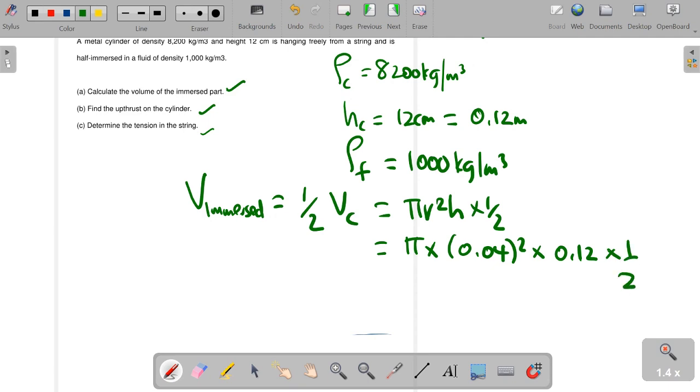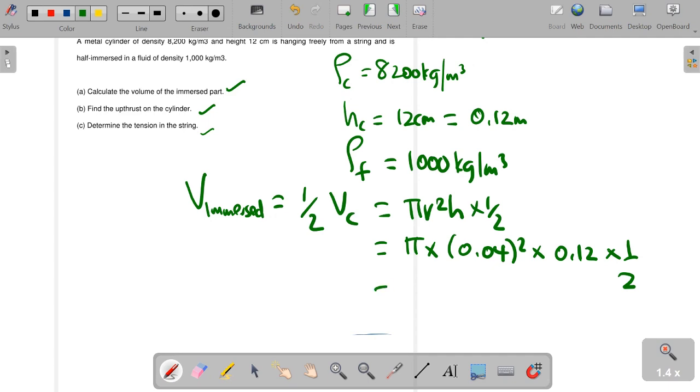So when we try to actually find the answer to this, let me just take out my calculator. If we start punching in, it will be pi multiplied by 0.04 squared multiplied by 0.12 times 0.5.